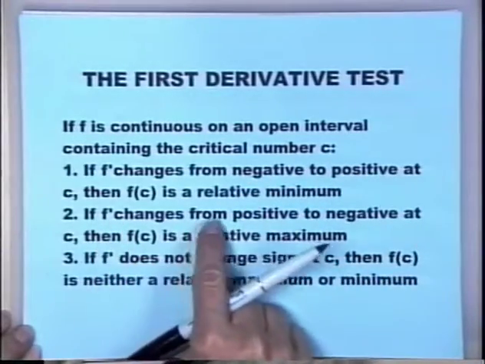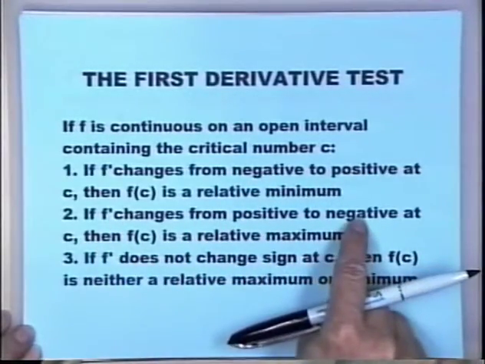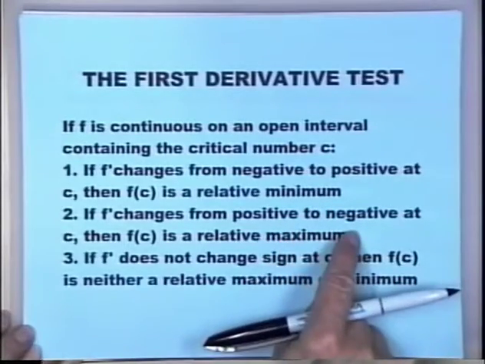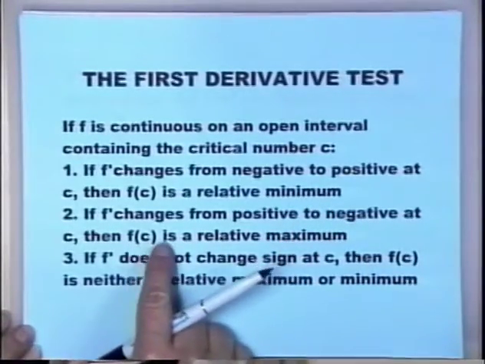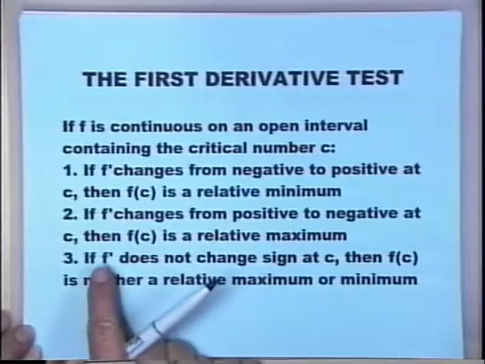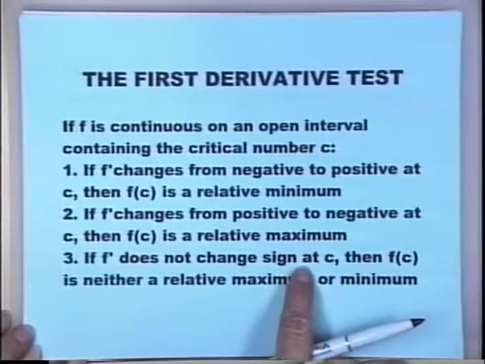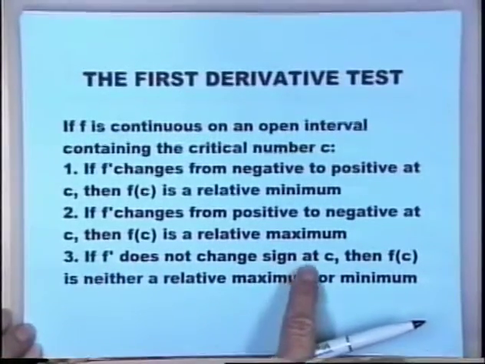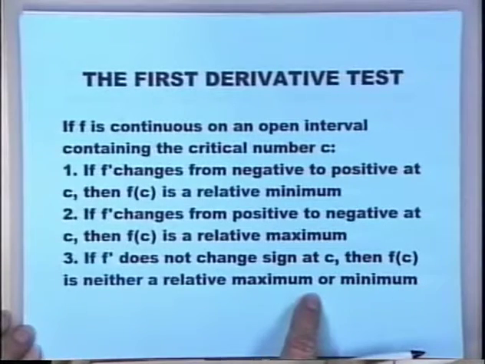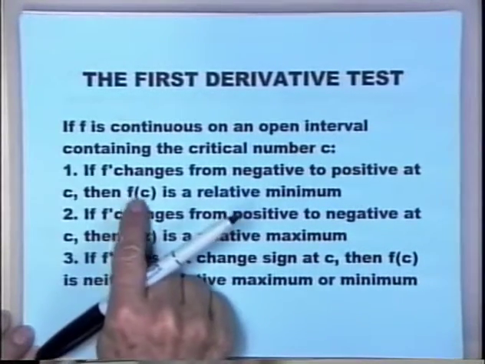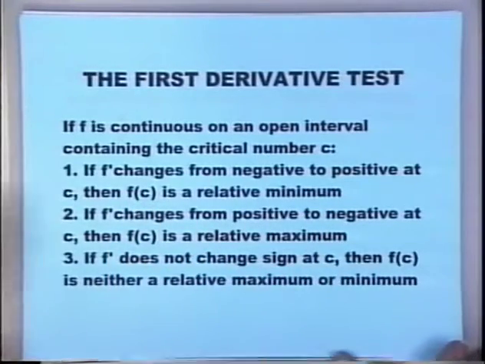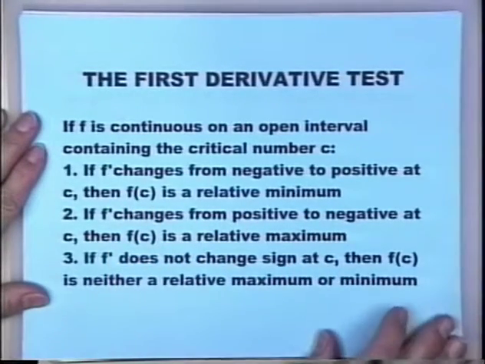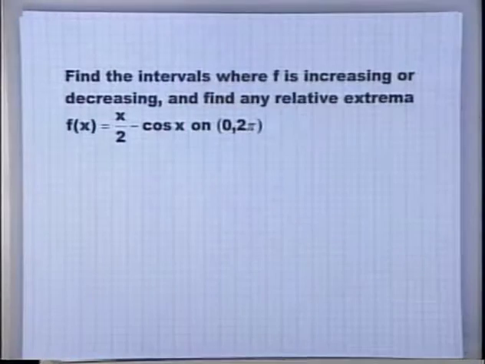If the derivative changes from positive to negative, goes from increasing to decreasing, then we have a maximum. F of c is a maximum. If the derivative does not change sign at c, then f of c is neither a minimum or a maximum. Okay? Notice the y value is referred to as the minimum or the maximum.